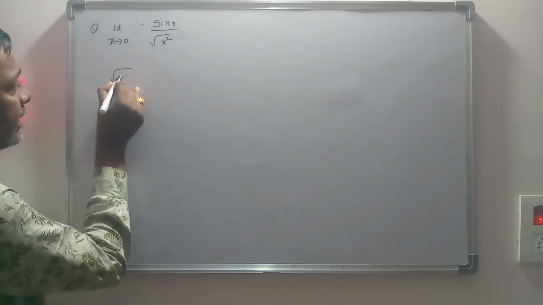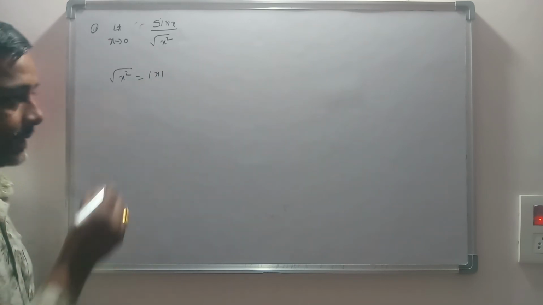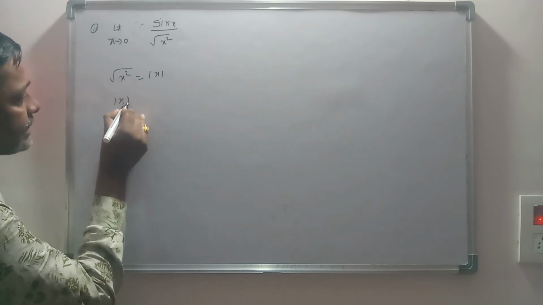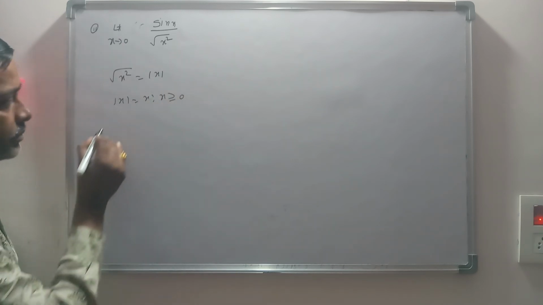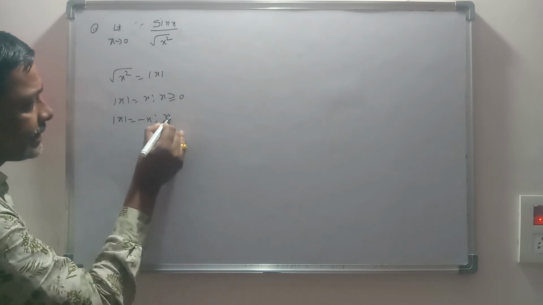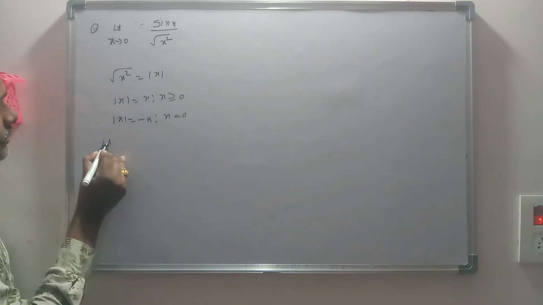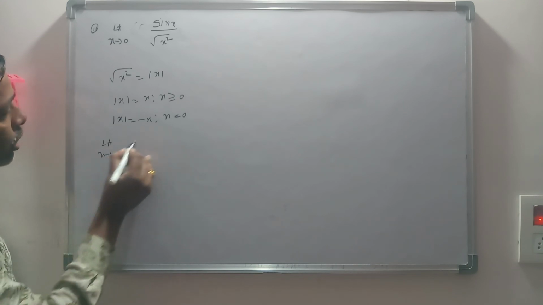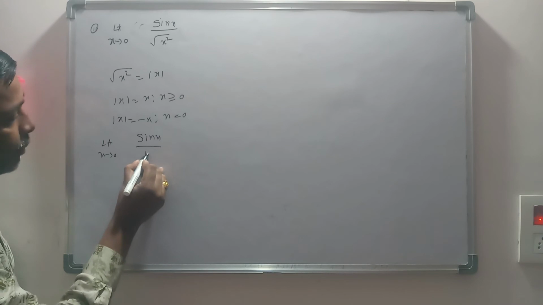Root x square is nothing but mod x, that is plus or minus x. For example, mod x is equal to x when x is greater than or equal to 0. Mod x is equal to minus x when x is less than 0. For example, limit x tends to 0, sin x by this can be written as mod x.